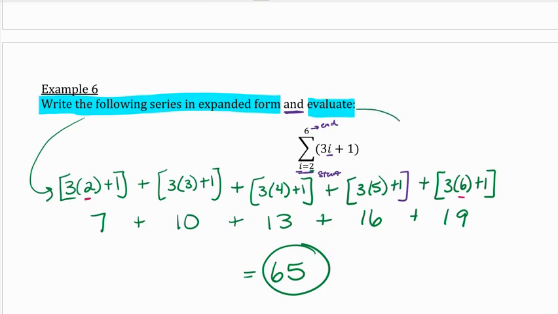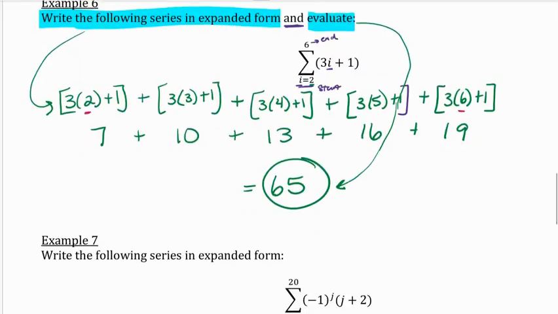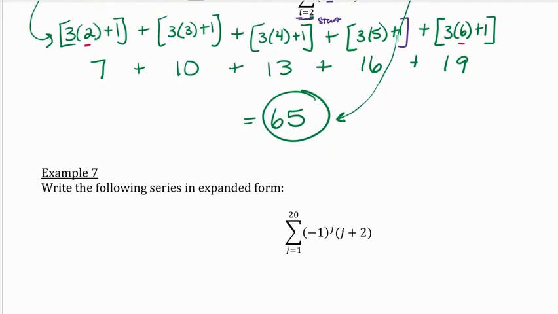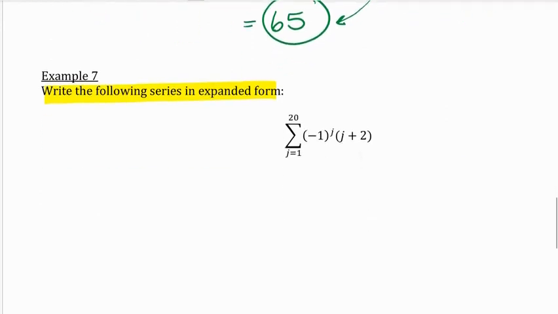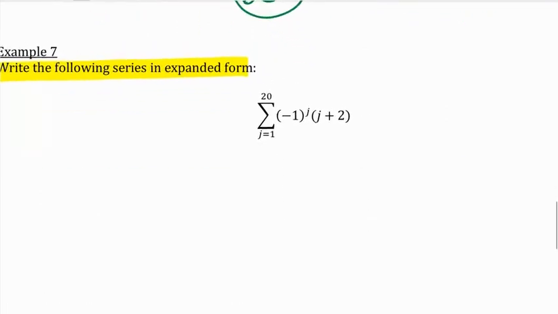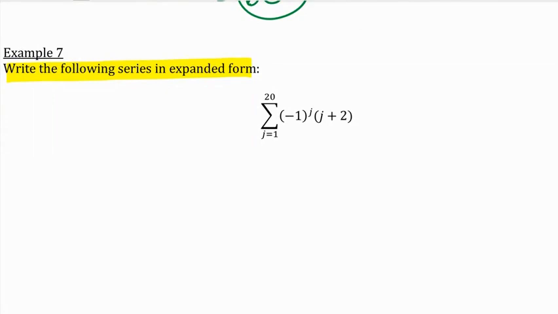And then the evaluate means actually find what that sum is. So that's why there's 2 different directions there, right? Now the next one, notice that the directions just say, write it in expanded form, right? So I don't have to evaluate this one. I don't actually have to find the sum. I'm just going to write it in expanded form.